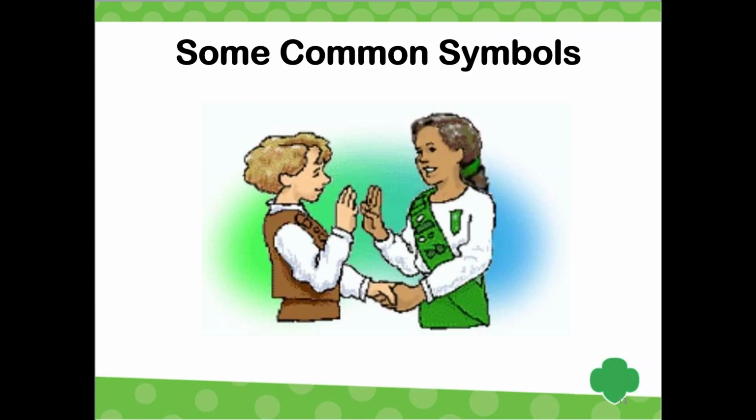Multi-level troops are difficult, but there are a lot of rewards too, because the juniors can help with the brownies and really be coaches and guides as they get older. Katie, as a CME, what advice do you have for a leader of multi-level troops?